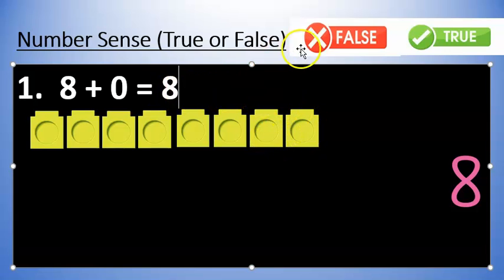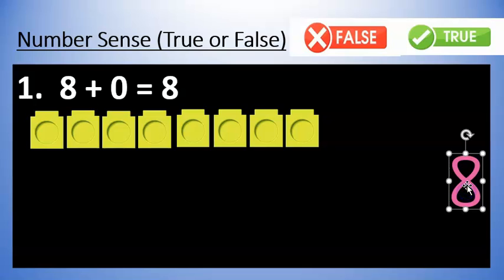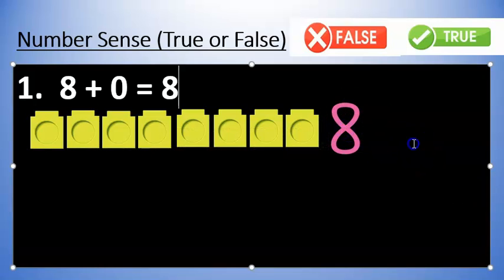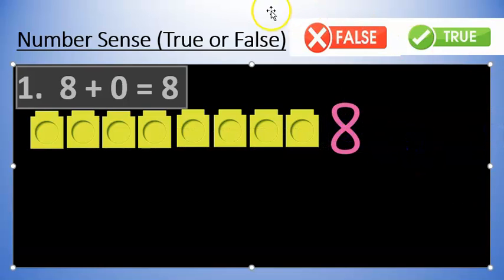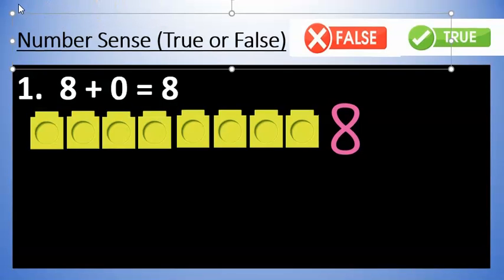So is this number correct there? Is that correct? That is sitting there as the sum. Is that correct? Yes, because we have 8 cubes, and let me put 8 here so you can see that. We have 8 cubes sitting there.